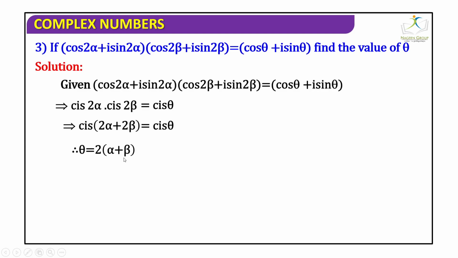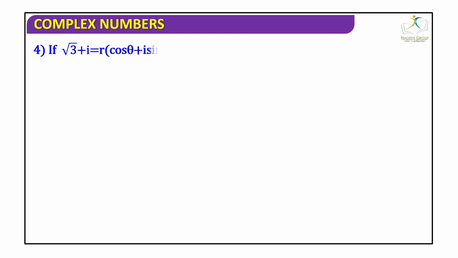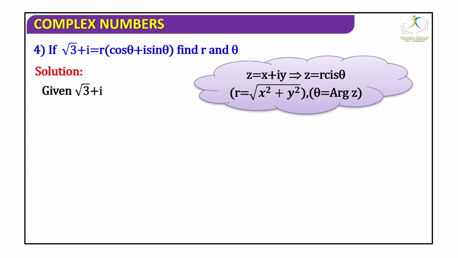Right? Now the next question here in front of you will be question number 4. If root 3 plus iota is equal to r into cos theta plus iota sin theta, then find out the value of r and theta. So these types of questions, how to do it? Solution: given root 3 plus iota. We know if z is this and z equals r of cis theta, then the r value means the modulus, that will be under root of x square plus y square, and theta, which is the argument of z, will be the angle.